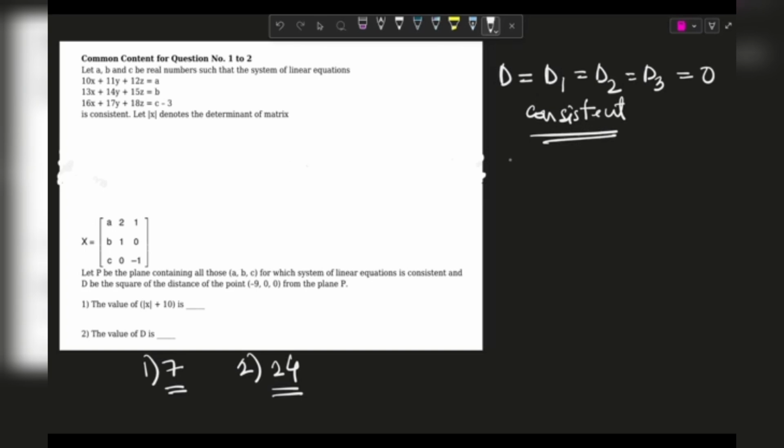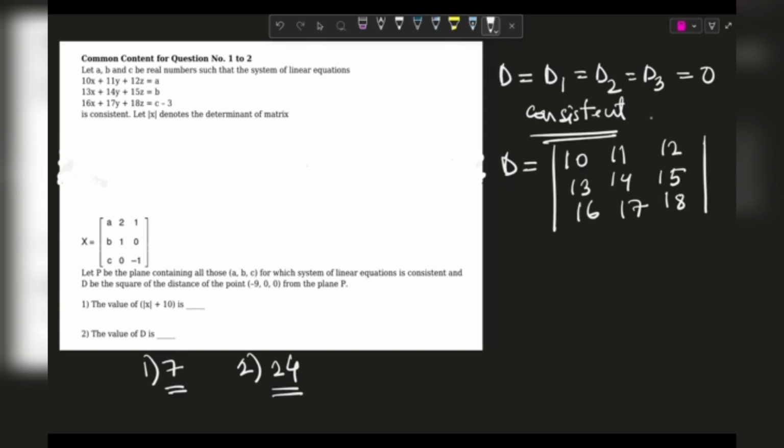So first, let's try to write D. It will become 10, 13, 16, 11, 14, 17, and 12, 15, 18. I don't know if there is any particular way to read determinants. This is how I did it in my preparation phase.